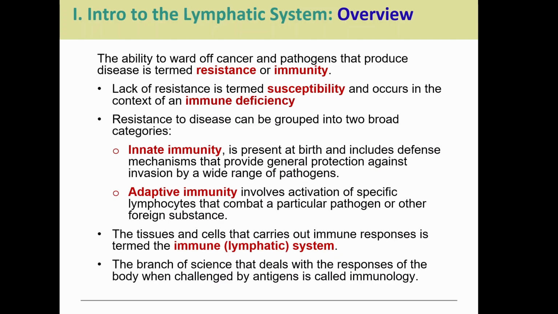So that if a cancer cell pops up, your immune system can destroy it. If you are exposed to a specific pathogen, your body can fight it off so that you are either not sick at all, or you are very mildly ill, and that you overcome it, that you get better.